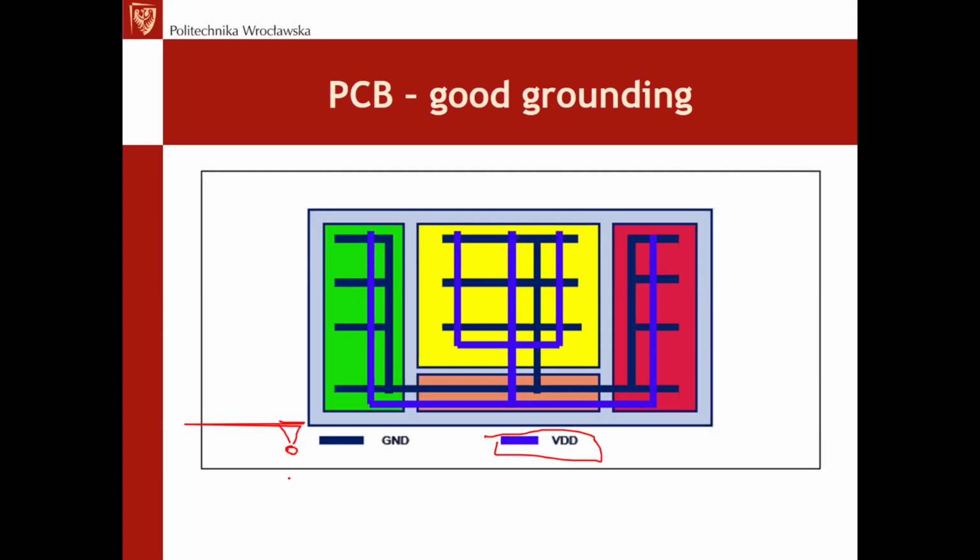Many people think, and ground, what is a ground? But in fact, the ground really has priority, and it's by far the most important signal out of all the signals on the PCB. So the planning of the ground is very critical.